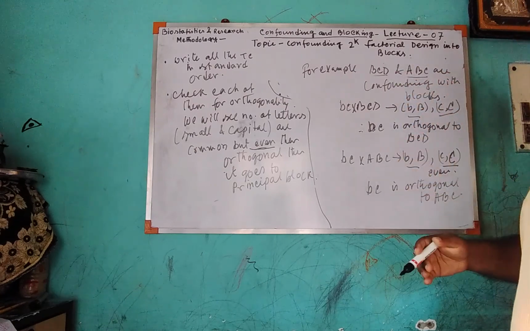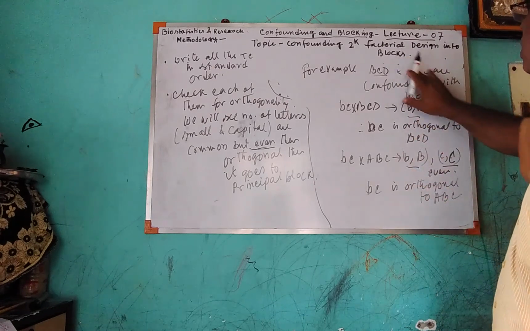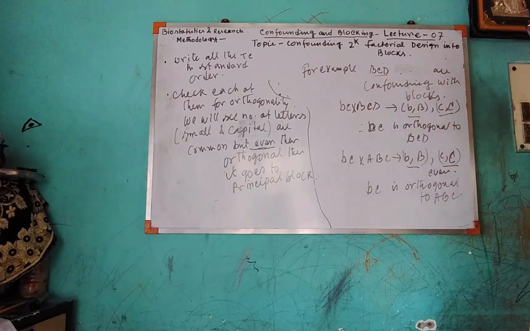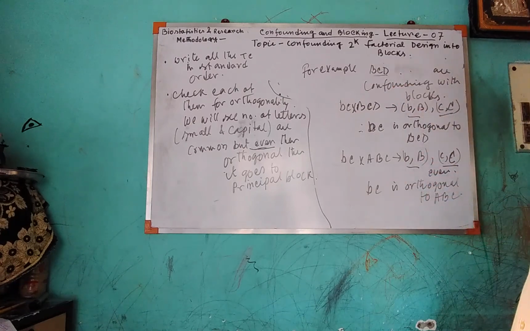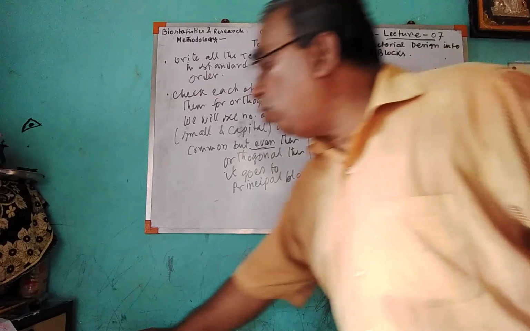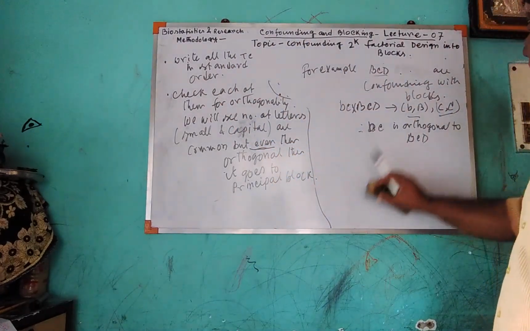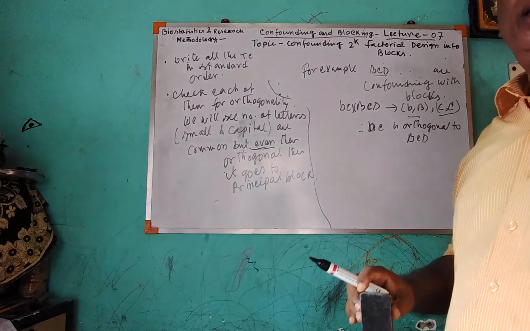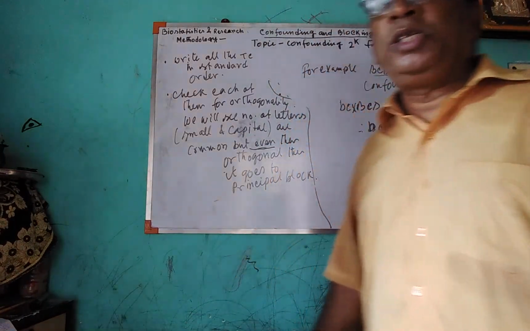Then it will go into the principal block. Suppose only one effect, BCD, is confounded with blocks. Then you have to check only that one. BC is orthogonal to BCD, so BC will surely go into the principal block.